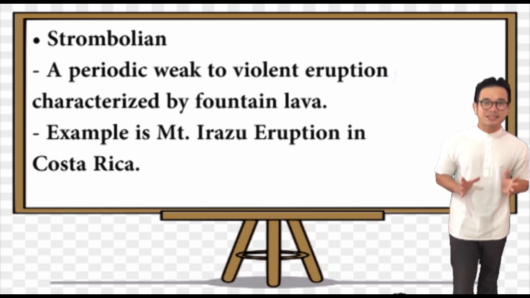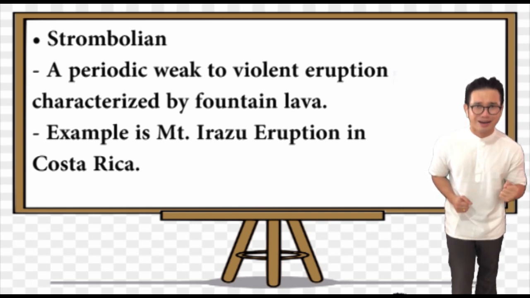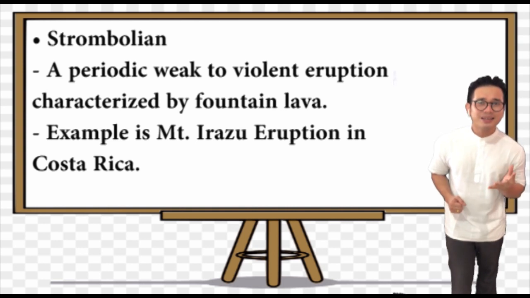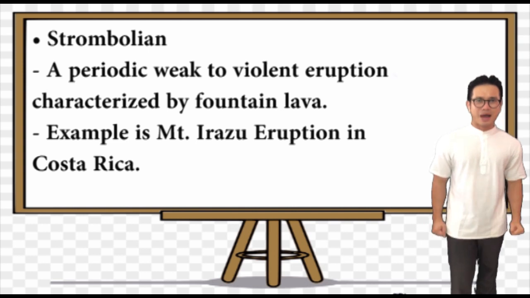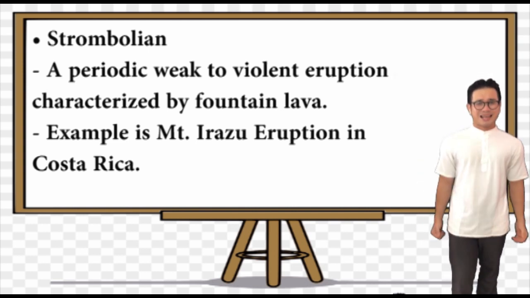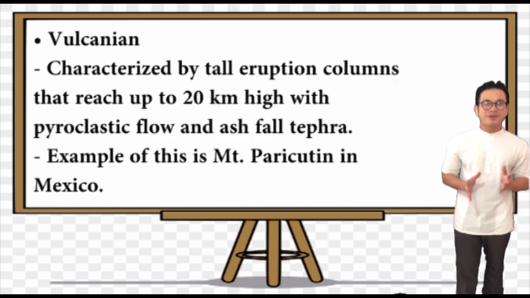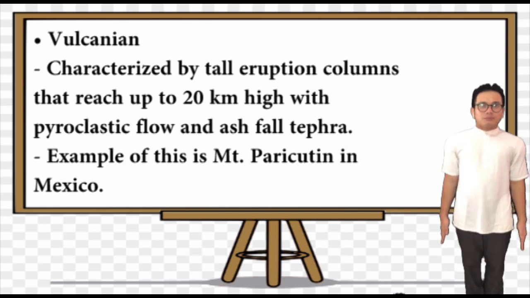Third is the Strombolian. An example of this is the Mount Irazu eruption in Costa Rica. It is a periodic weak to violent eruption characterized by fountain lava. Another type of volcanic eruption is the Vulcanian.